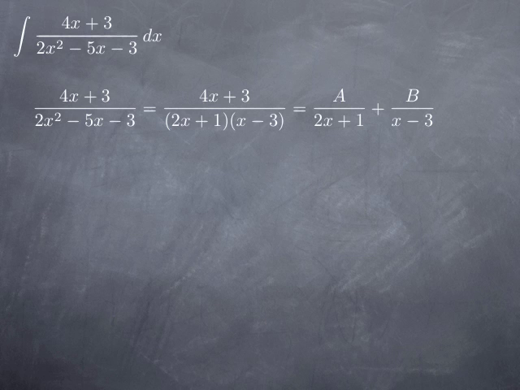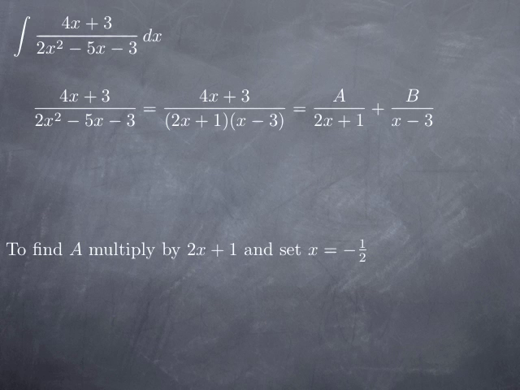To get negative 3 for the constant, we get plus 1 for the constant term in the other factor. So we have 4x plus 3 divided by 2x plus 1 times x minus 3. We have only non-repeated linear factors, so the decomposition into partial fractions has the form a over 2x plus 1 plus b over x minus 3, where a and b are constants to be determined.